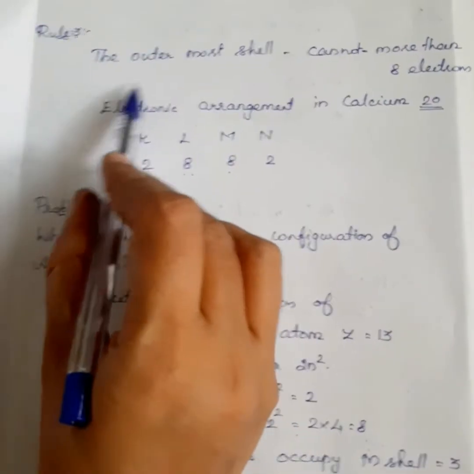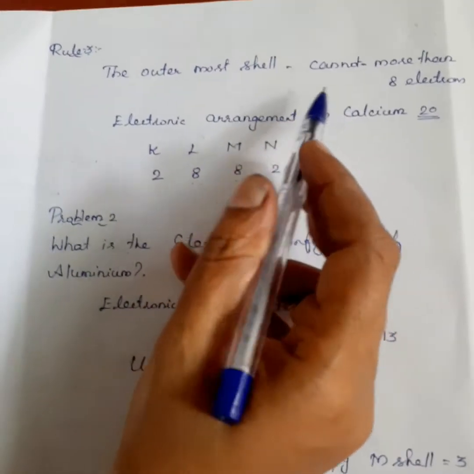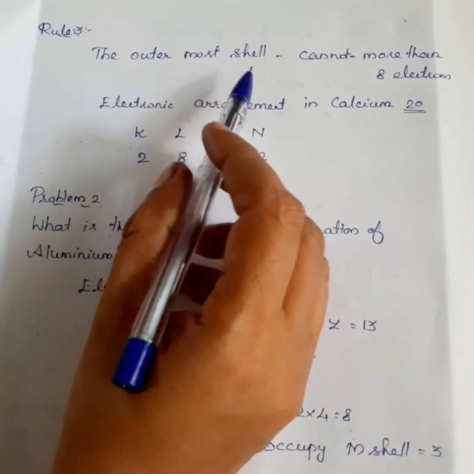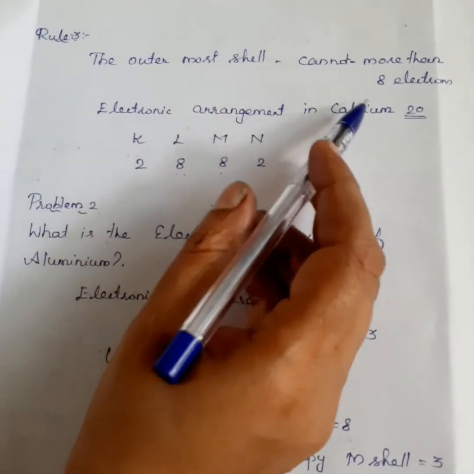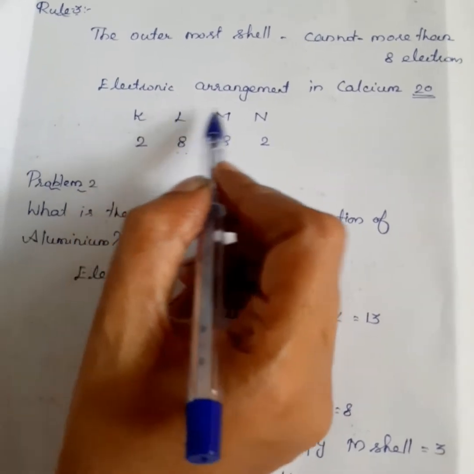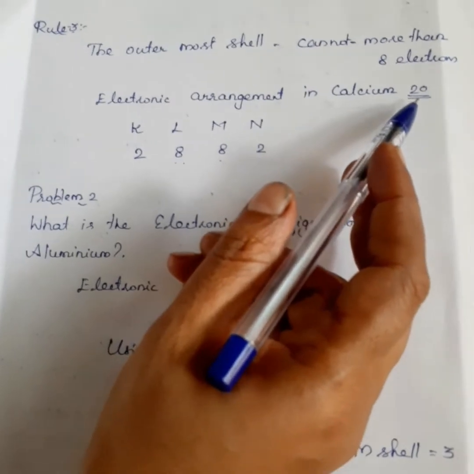Rule 3. The outermost shell of an atom cannot have more than 8 electrons. It is very important. The outermost shell cannot have more than 8 electrons. So, for example, electronic arrangement in calcium, how many electrons? 20 electrons.